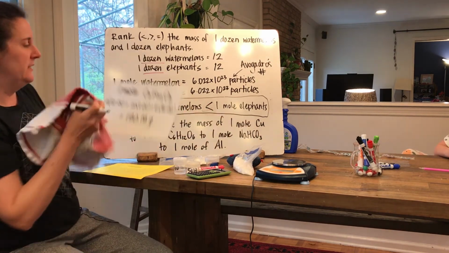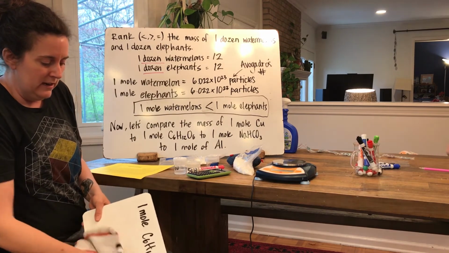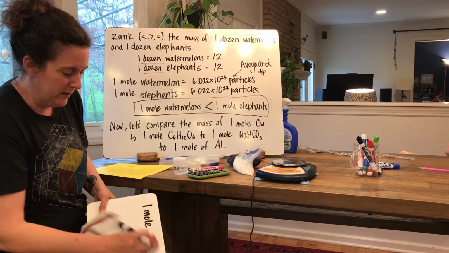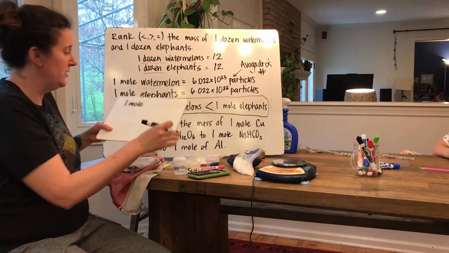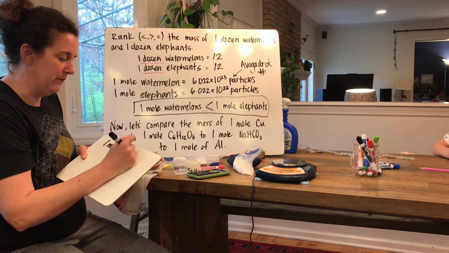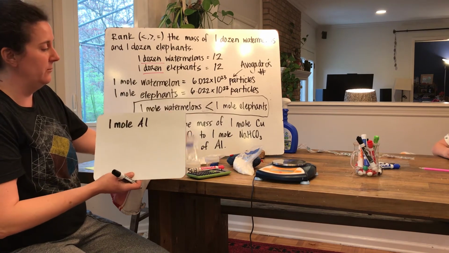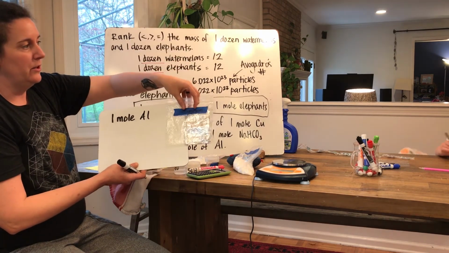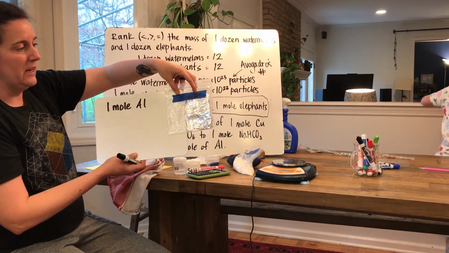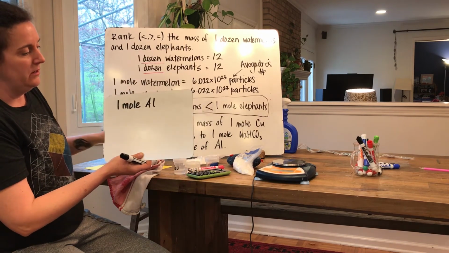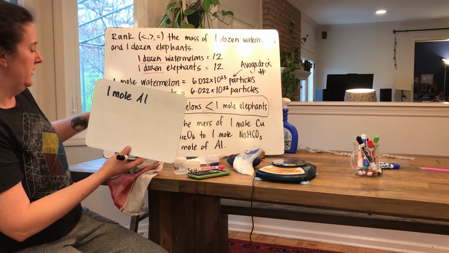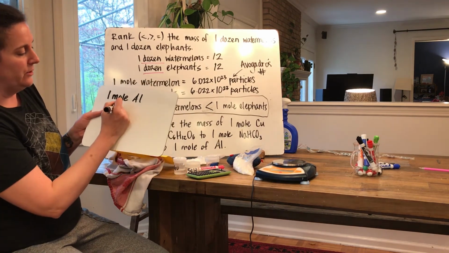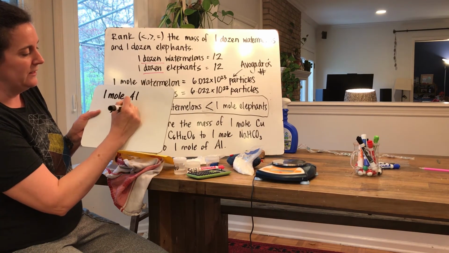So let's look at some other examples. We've done this for a few compounds that you can find in your home. Let's do it for another thing you can find in your home, which is just aluminum foil. So this is aluminum, and I pre-measured this as well. 1 mole of aluminum is equal to 27 grams.